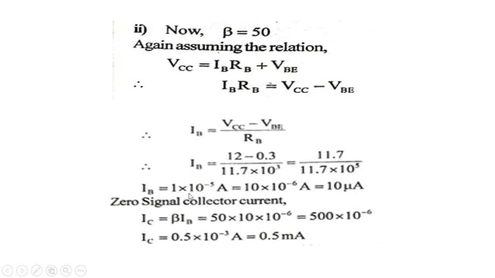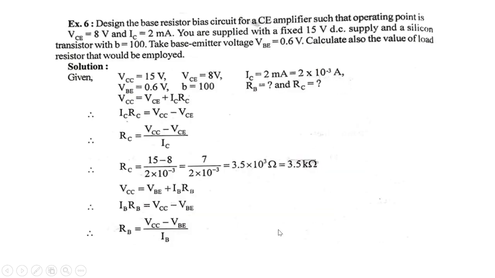So IB equal to 1 into 10 raised to minus 5 ampere, that is 10 microampere. IC equal to beta IB equal to 50 into 10 into 10 raised to minus 6, equal to 500 into 10 raised to minus 6. So IC equal to 0.5 into 10 raised to minus 3 ampere, that is 0.5 milliampere.